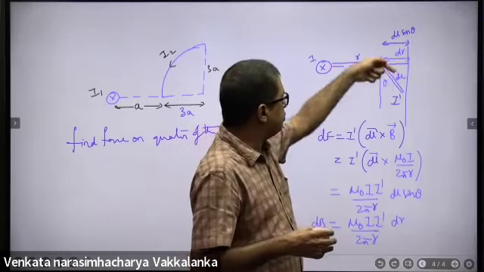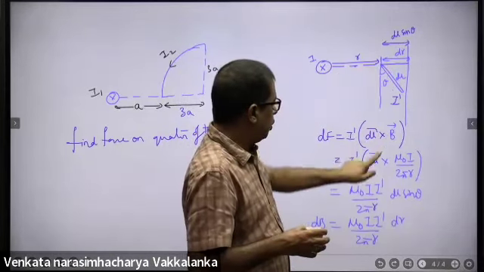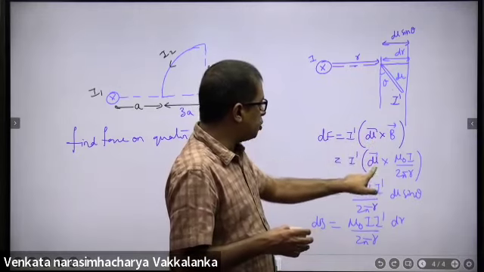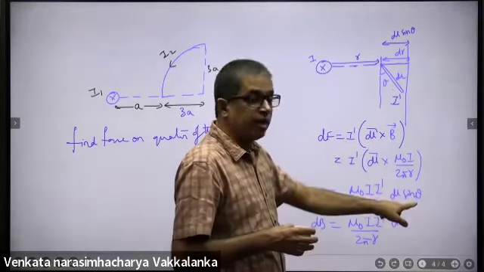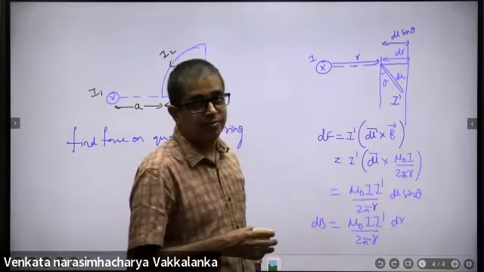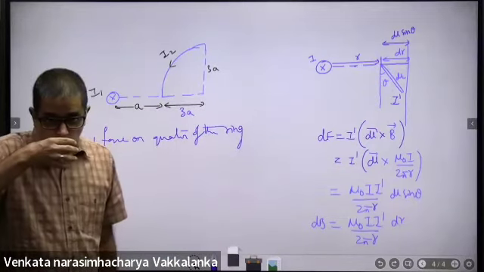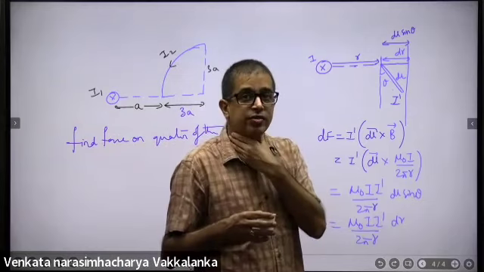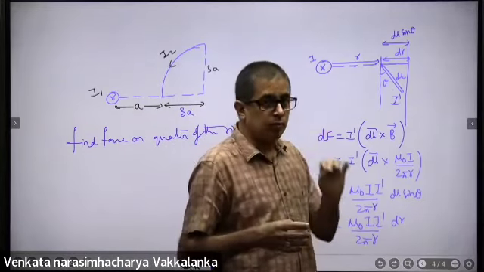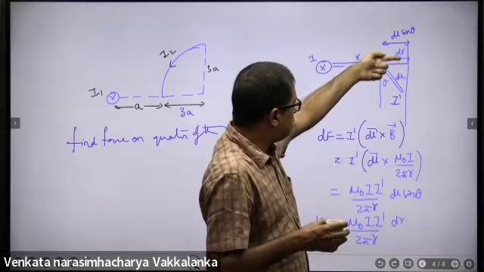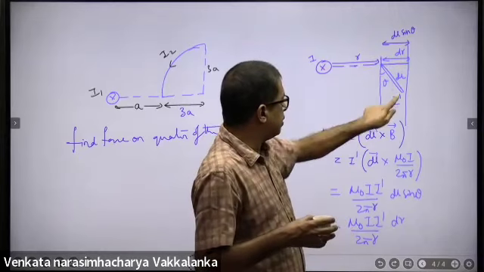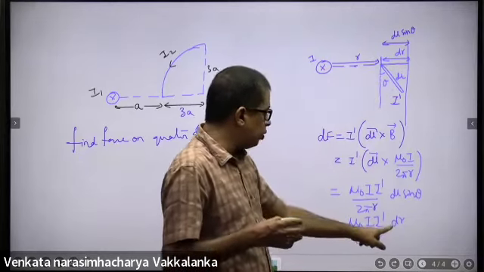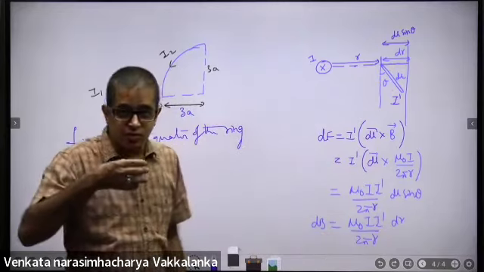This is R, this is dr, this is dl. You have taken I into dl cross B. Because of the cross product, you are getting dl sin theta, which will be dr. What we are trying to tell you is an idea to solve a problem. What is it? This dl's component along R, you take and integrate, you will get the answer.